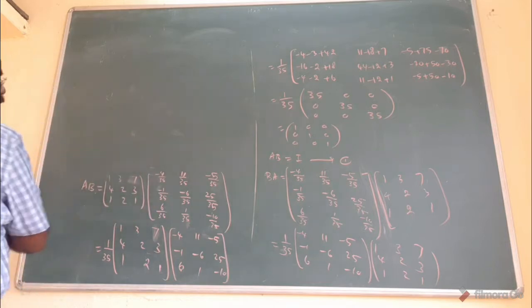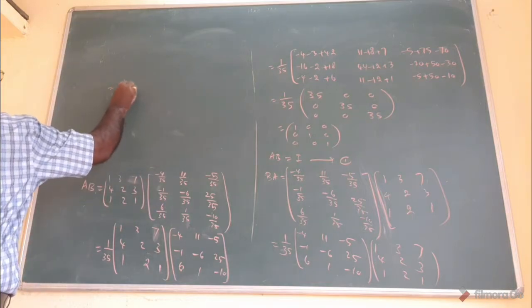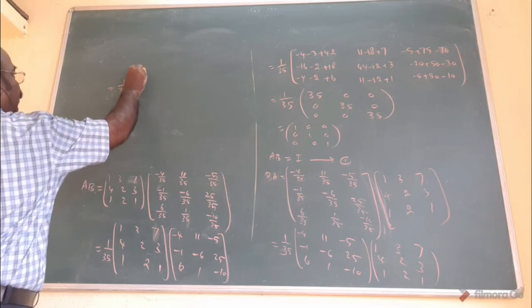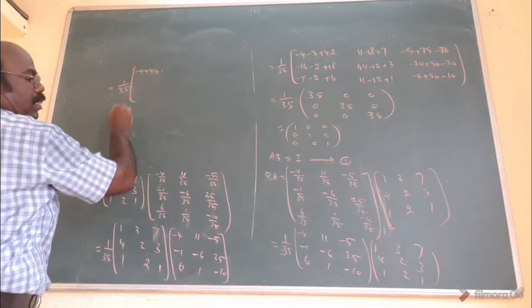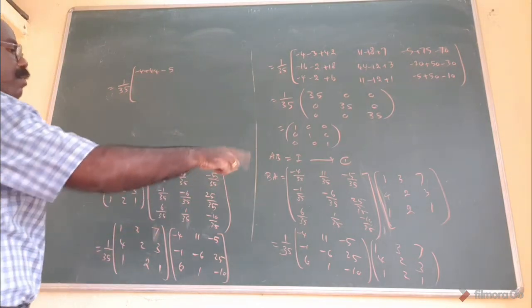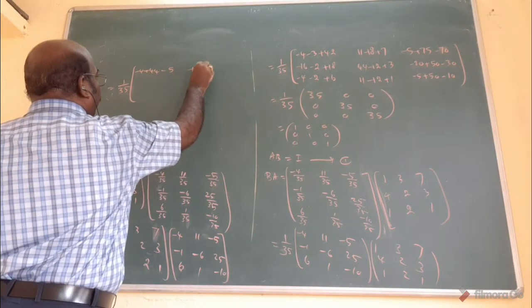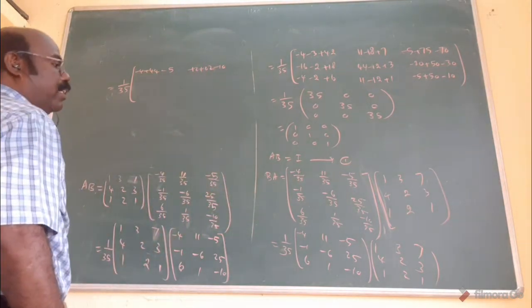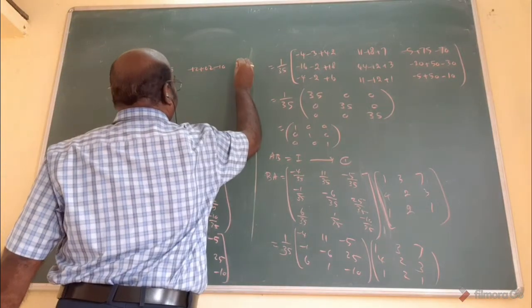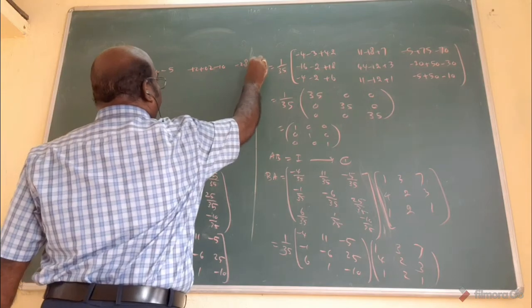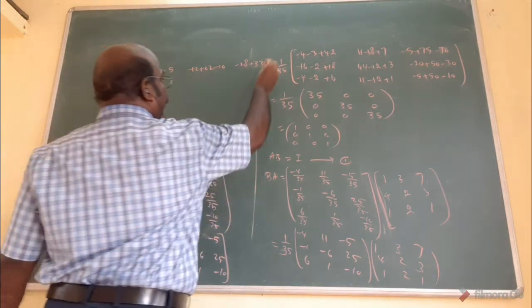Now, 1 by 35 into the same thing, you want to multiply first column, am I right? Minus 4 plus 44 minus 5. Am I right? Next say, minus 12 plus 22 minus 7. Next say, minus 28 plus 33 minus 5.